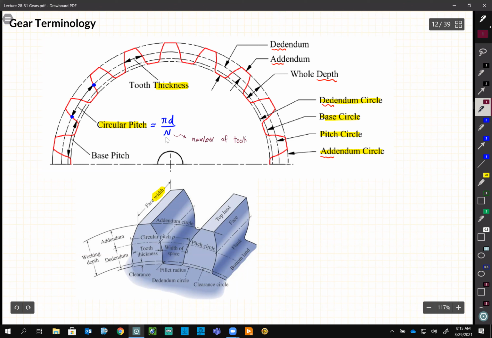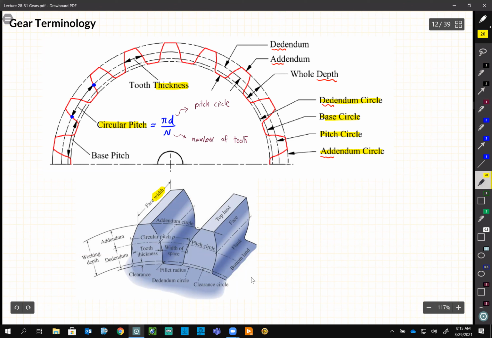And remember, when we write d, it is the diameter of the pitch circle. And on the 3D image below, we'll see similar things.